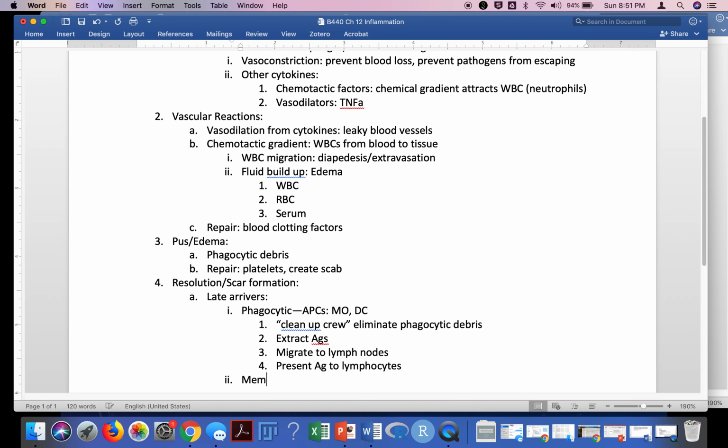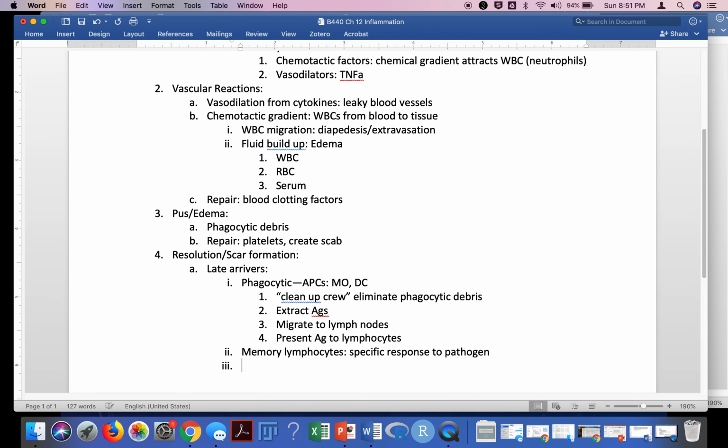There are memory lymphocytes that can arrive in this later stage, and these are ones that have seen these organisms before, and they can mount a very specific immune response to the pathogen. And then we have repair. So there's two things that are happening for repair.